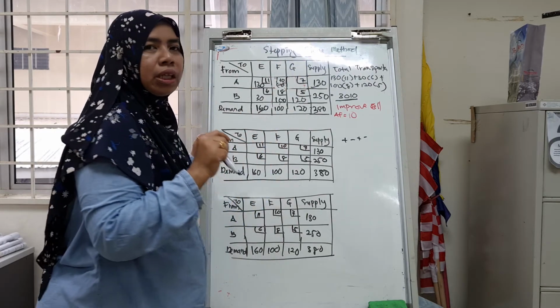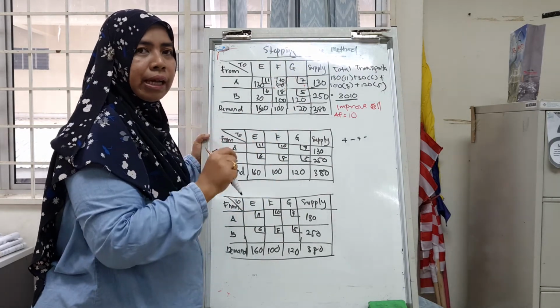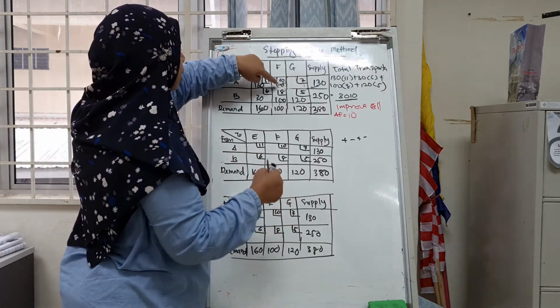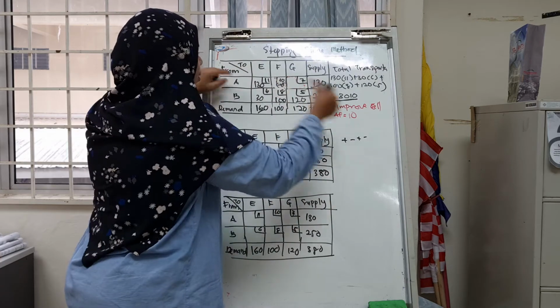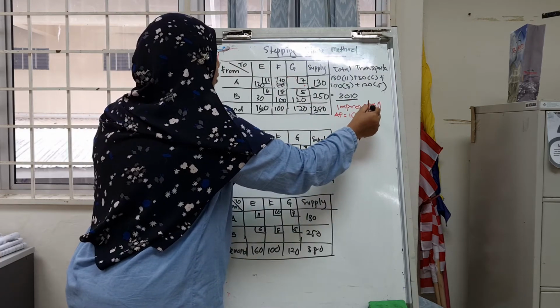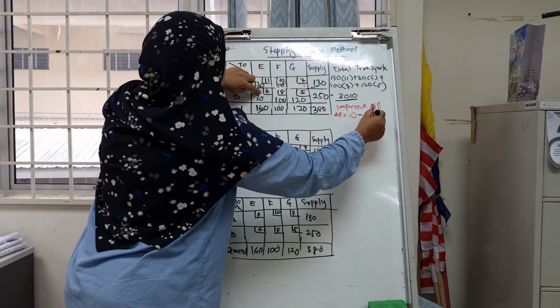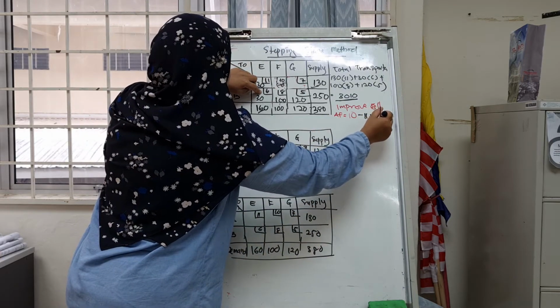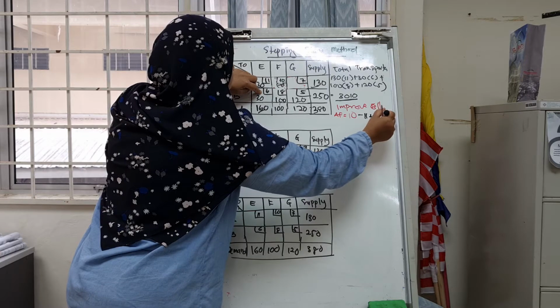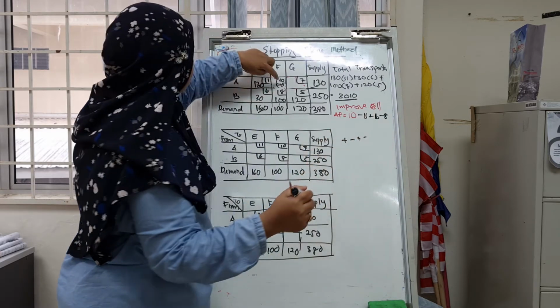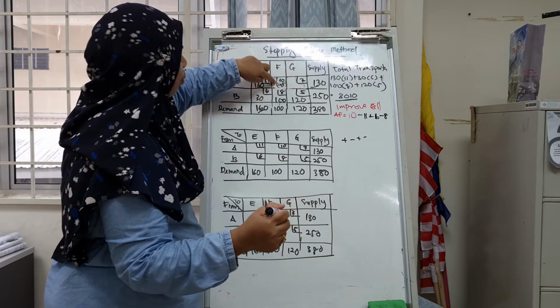So let's see this one: 10 minus 11, positive, negative, then positive 6, and then minus 8. It jumps here, here, here.